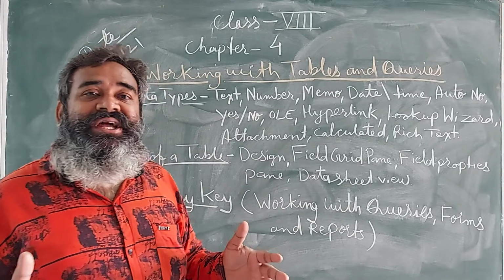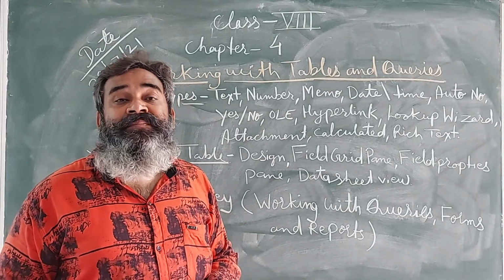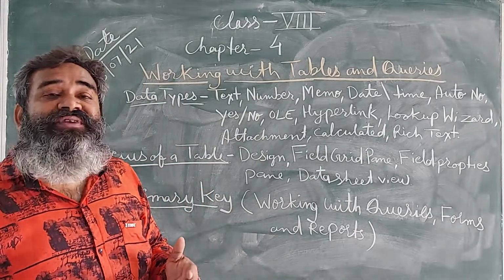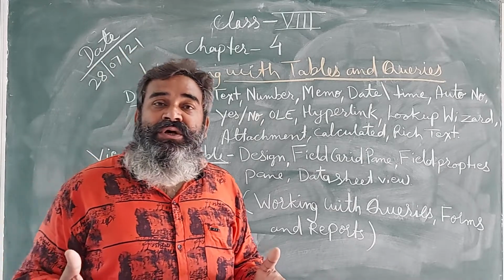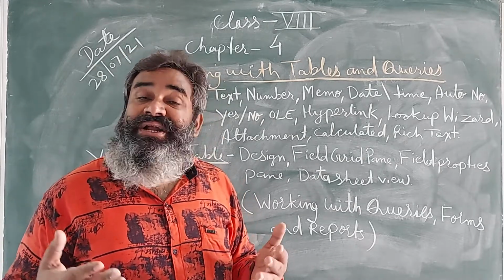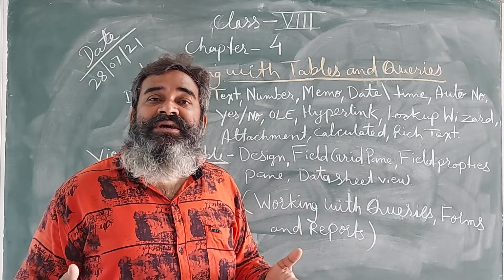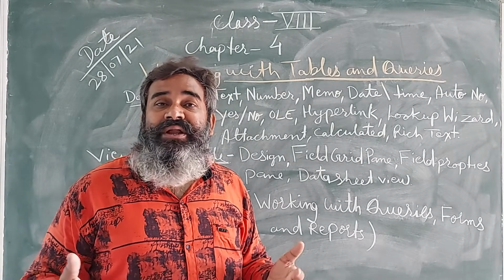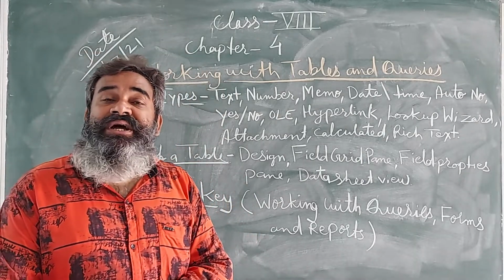Once the table is created, we have to enter our data. We have different kinds of fields. As an example, we are creating a school management system. So we have a student information table, a student marks information table, and a student fees information table. Now we move on to the first table, the student information table.